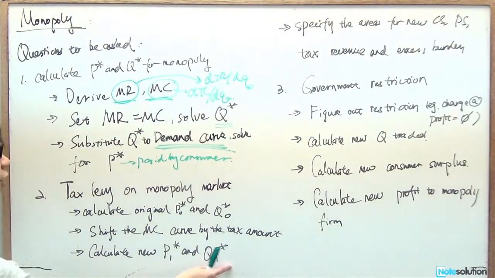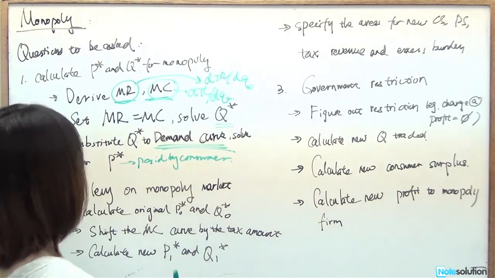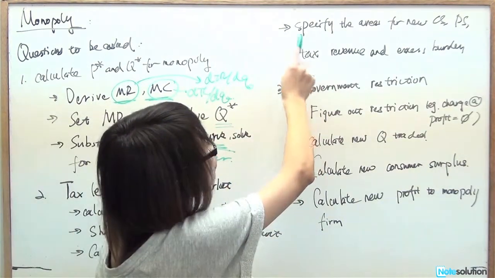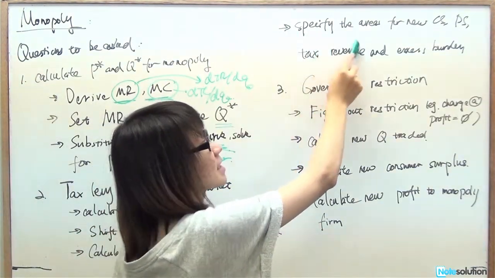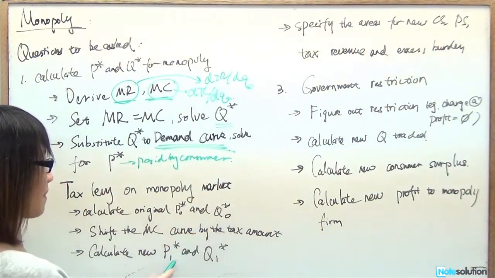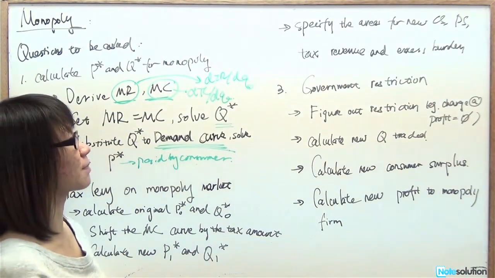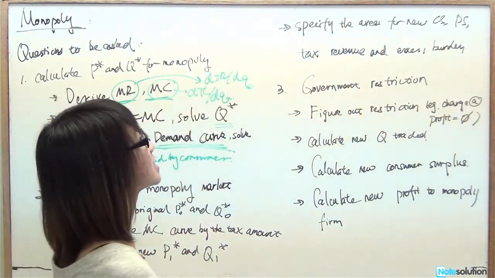We already went over the steps to find the P1 star and Q1 star points from the graph. The last step is, after we draw the areas and calculate all the points, P0 star, Q0 star, P1 star, and Q1 star, we already know the consumer price and supplier's price in different situations.